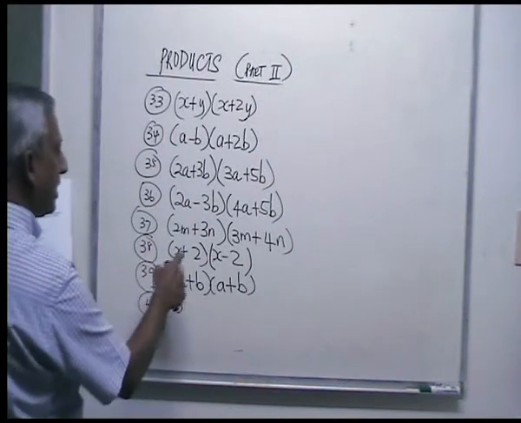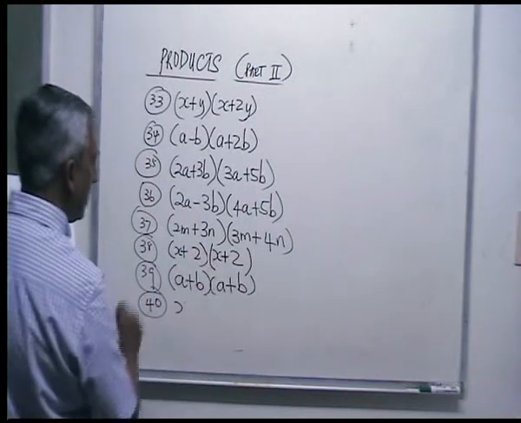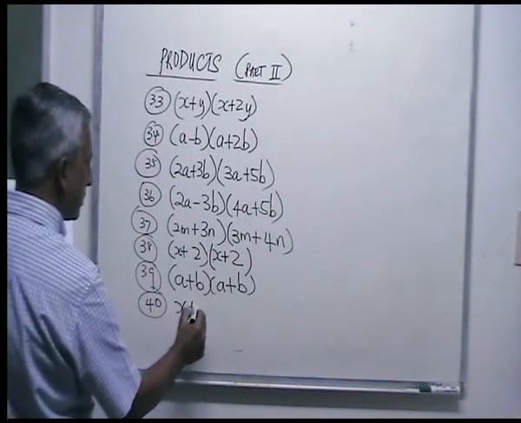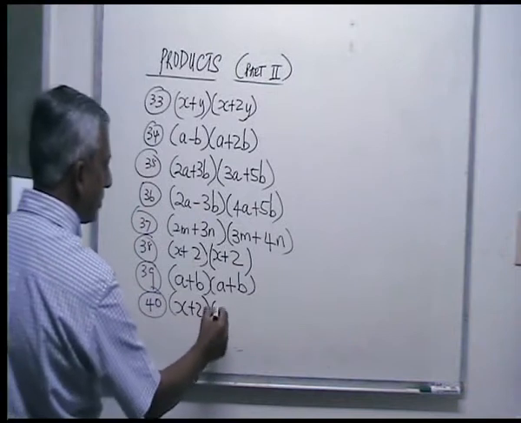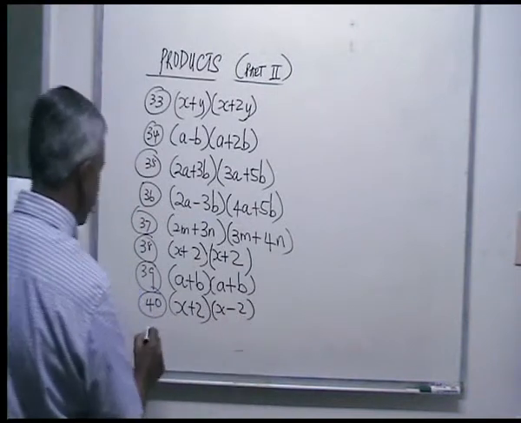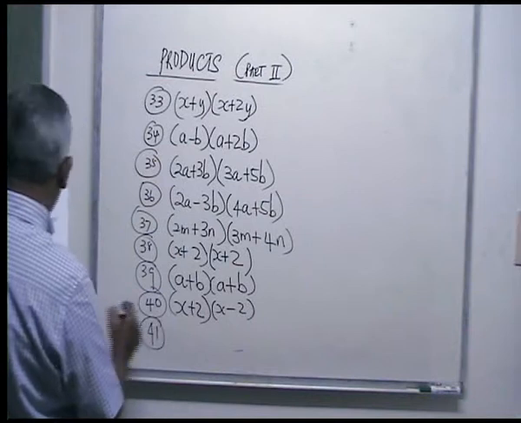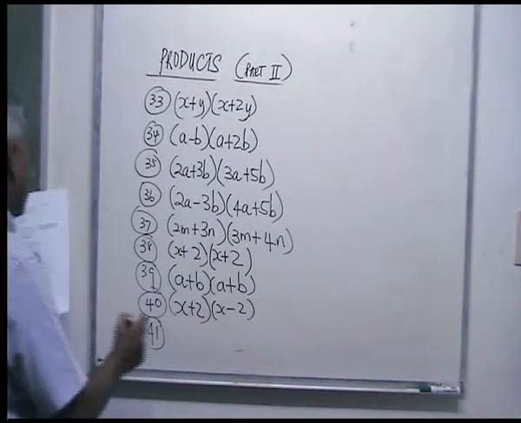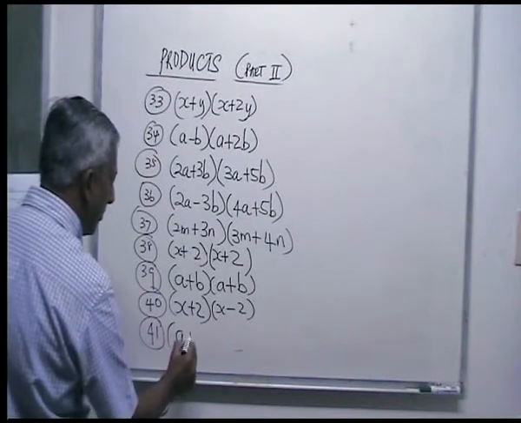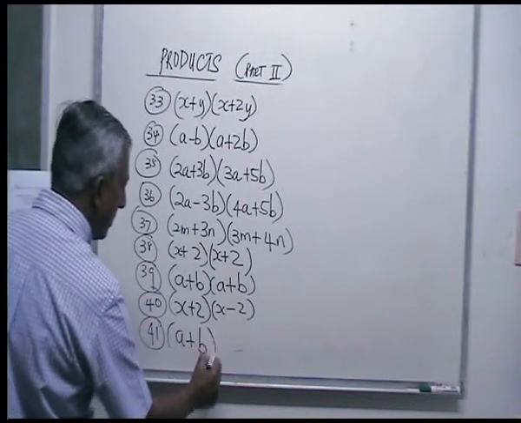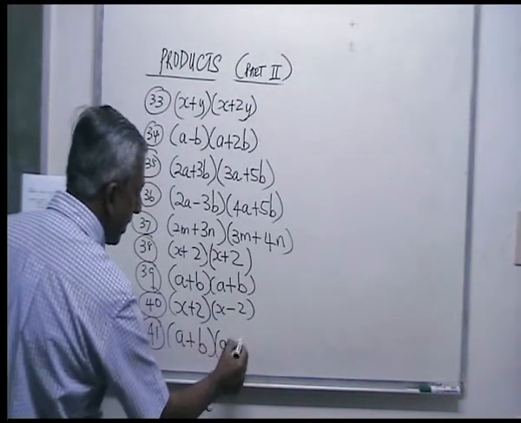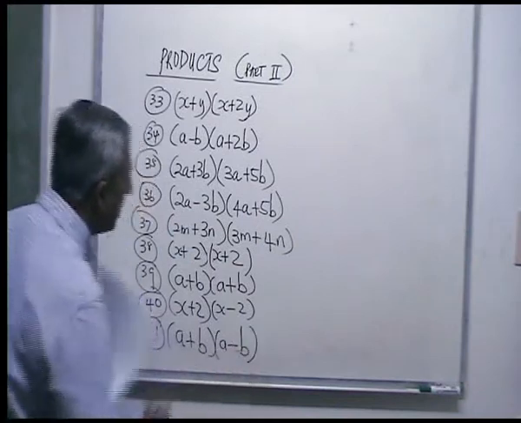No, sorry, 38 was x plus 2 into x plus 2, sorry. So number 40 is x plus 2 into x minus 2. And finally, number 41, a plus b into a minus b.